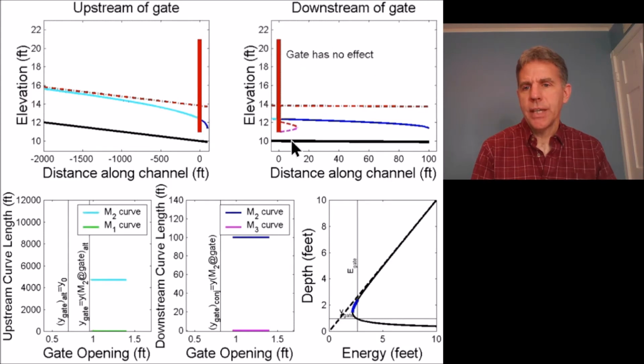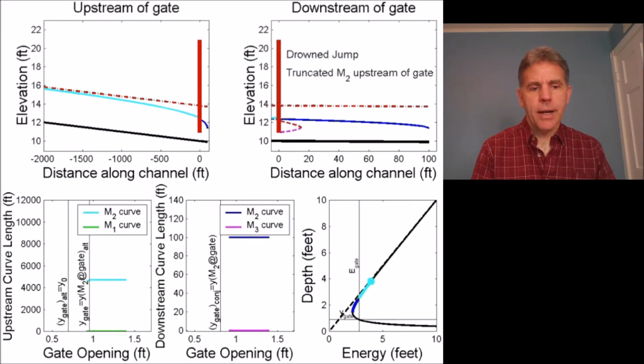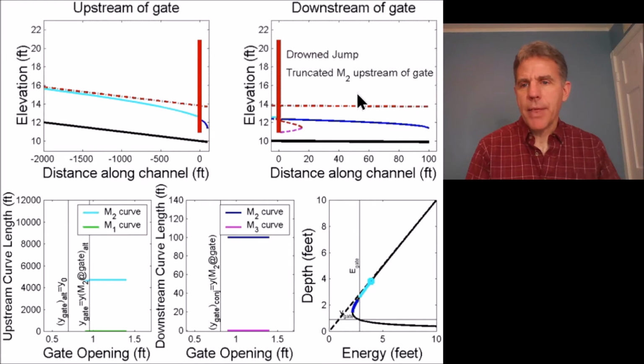So let's let the animation go forward a little bit more. You can see it's growing more distinct here, and we've had a change in the caption, so let's explore that. We now have what's called a drowned jump downstream of the gate, and we have a truncated M2 upstream of the gate. What is meant by that?